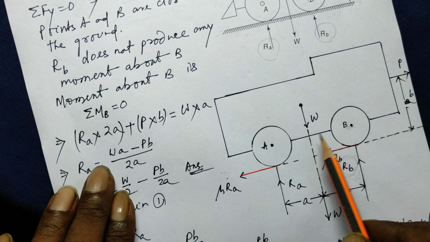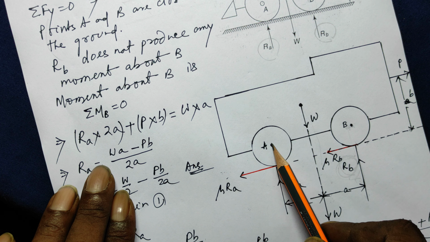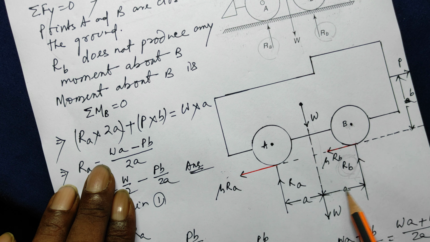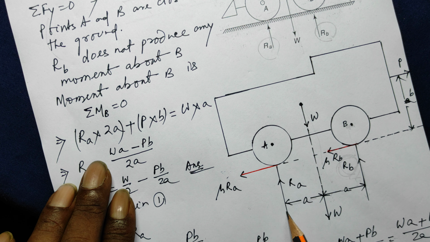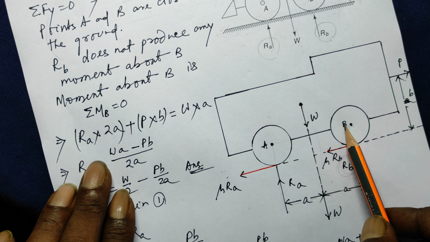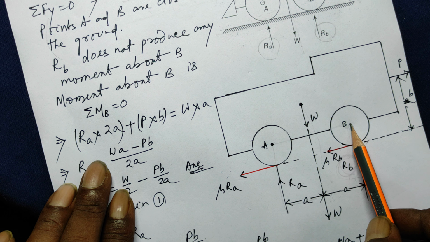Now if this W is exactly in between, the distance from this point to this point and from this point to this point are equal, and I have taken it as a and a. So the reaction force RA here is at this perpendicular distance, that is 2a from point B.